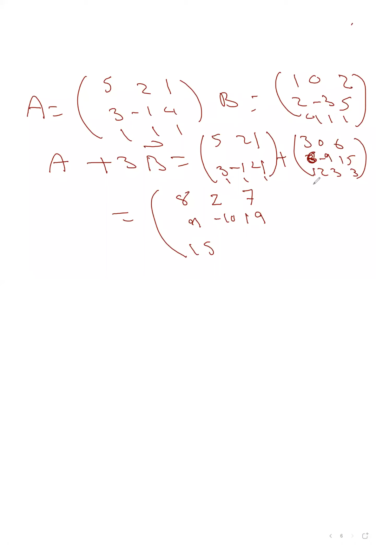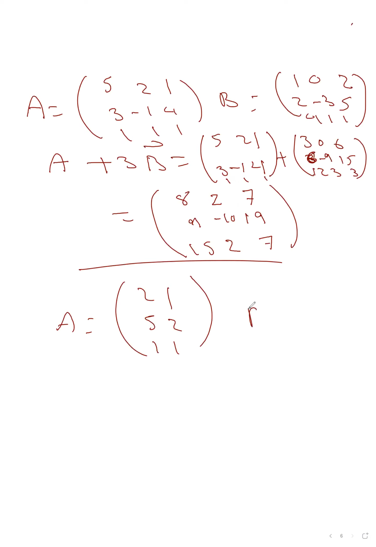طيب لو كان A equals 2 and 1 5 and 2 1 and 1 will be equals 3 1 2 5 0 and 4.